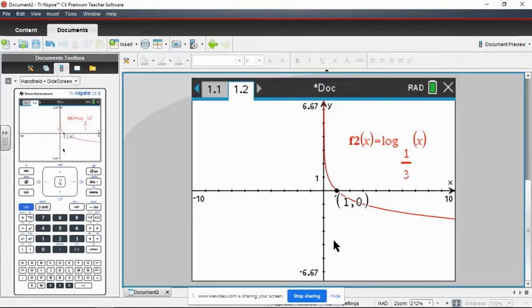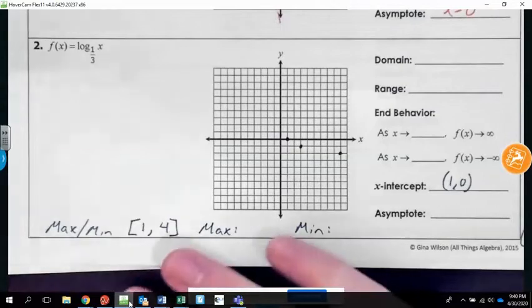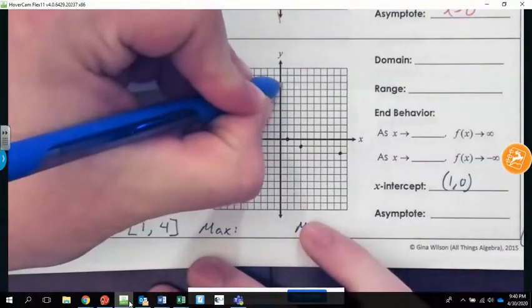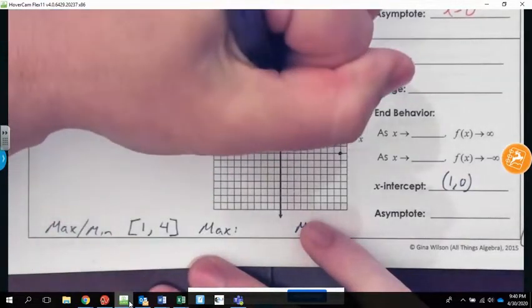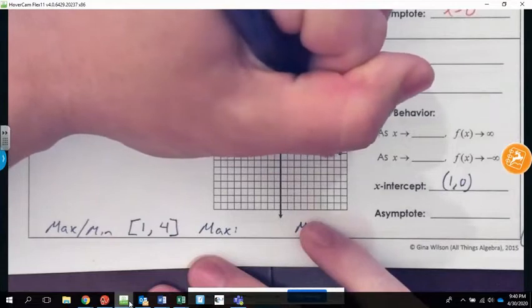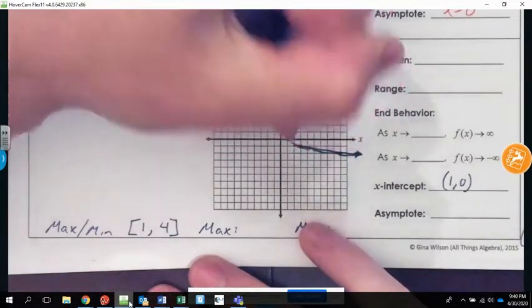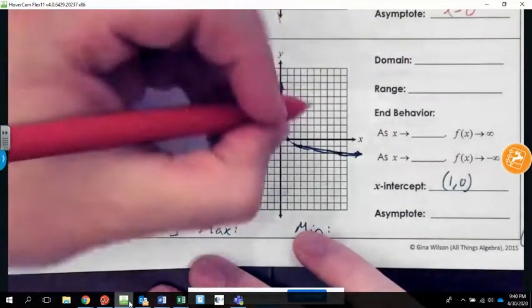So I've graphed it. There's the points. You can put a table if you want, I'm not going to waste time with that. And we start up here, and then we curve ourselves out over here as far as you can. And we have our asymptote because there's no d value.